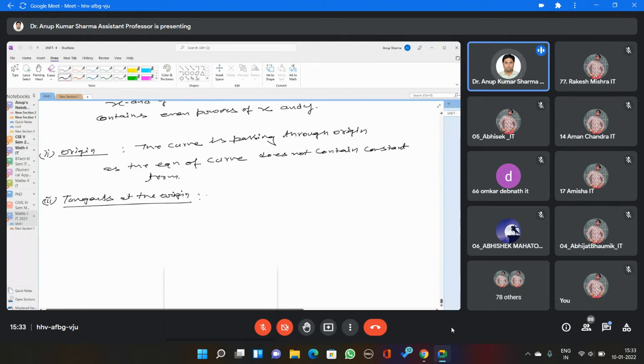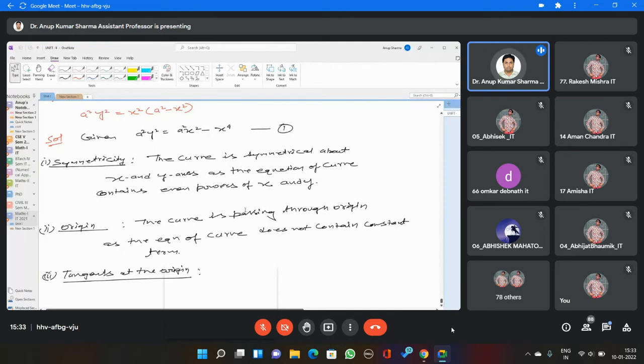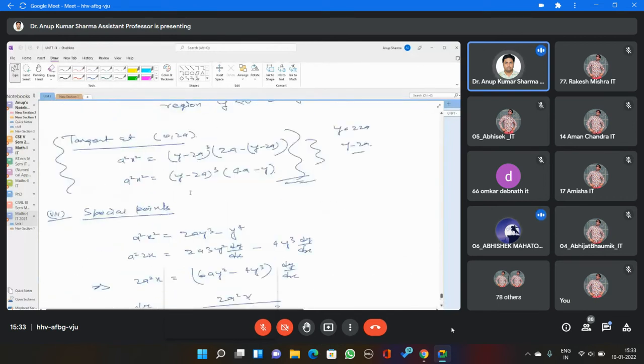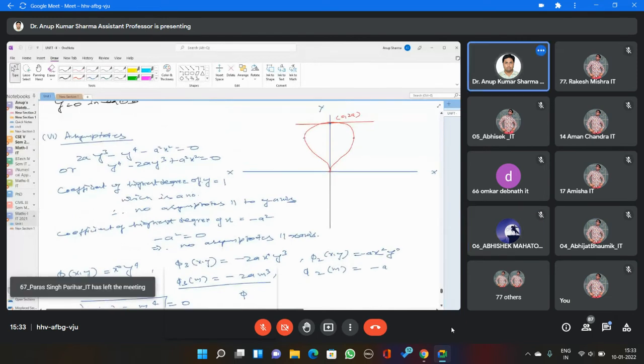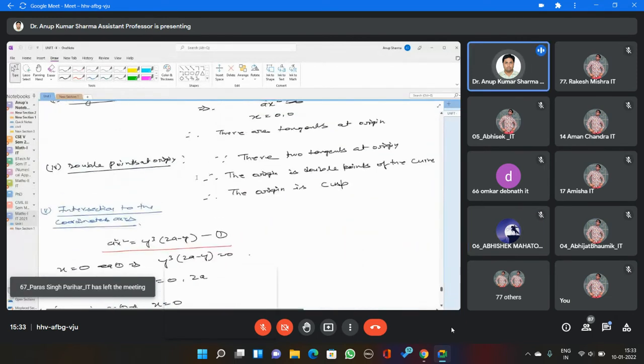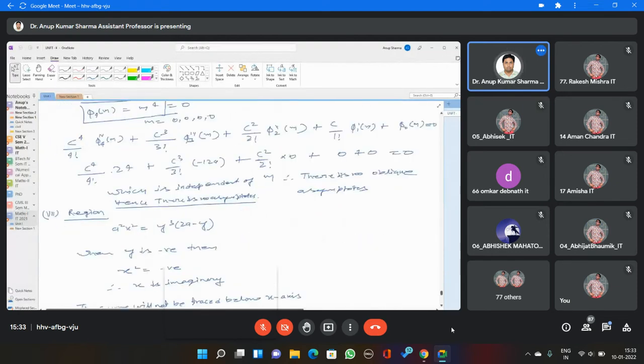So in the tangents at the origin, how do we find tangent at the origin? As in the last lecture, equating lowest degree term of equation to 0.